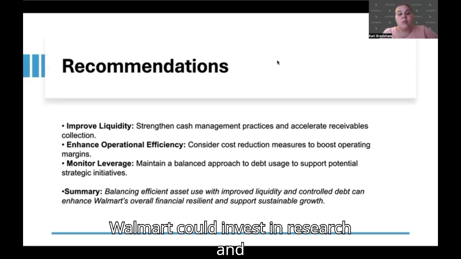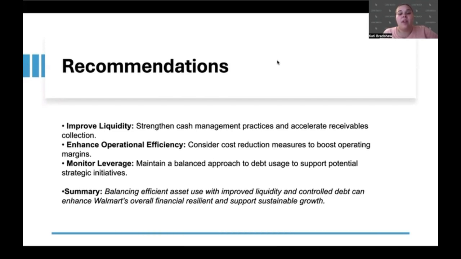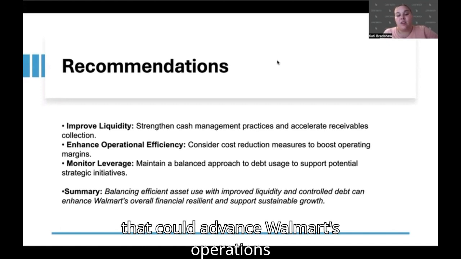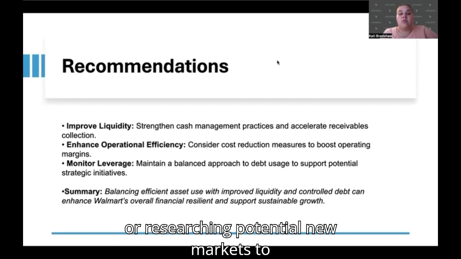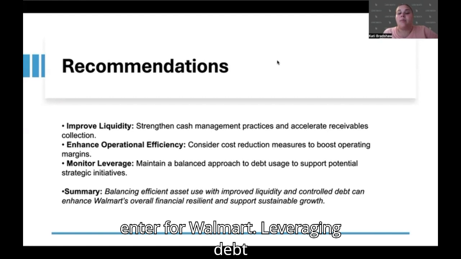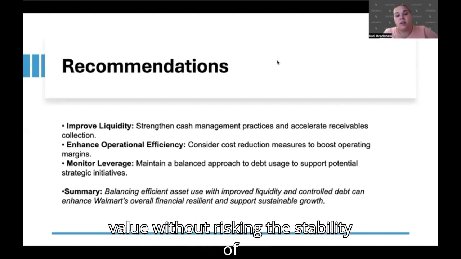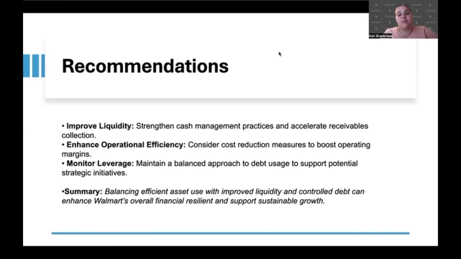For example, Walmart could invest in research and development of technology. Through this research and development, they might discover a new technology that could advance Walmart's operations, or research potential new markets to enter. Leveraging debt should look at increasing the company's value without risking the stability of the company. This can be a difficult task and must be carefully monitored.